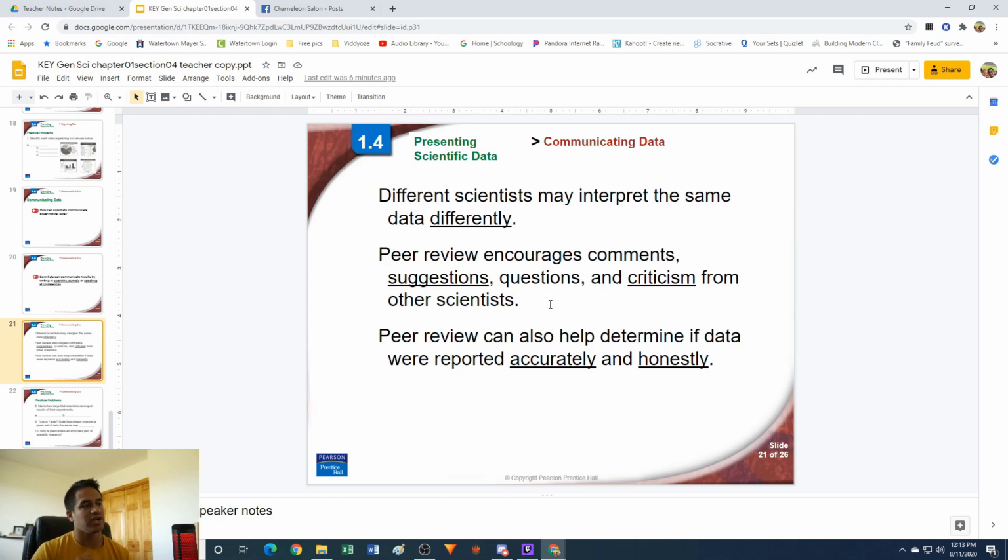Otherwise, what can happen, and I'm sure many of you have seen this in the media in the past, is that scientists may publish information that isn't exactly accurate or true, and then later on they get flak for it because people say, oh, a new study published by scientists has been found to be incorrect or fake.